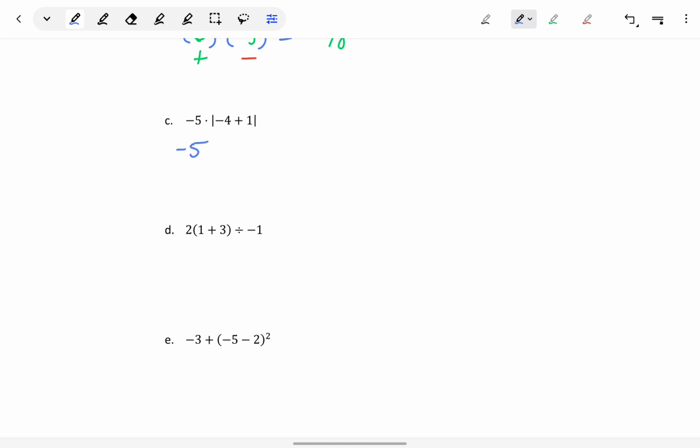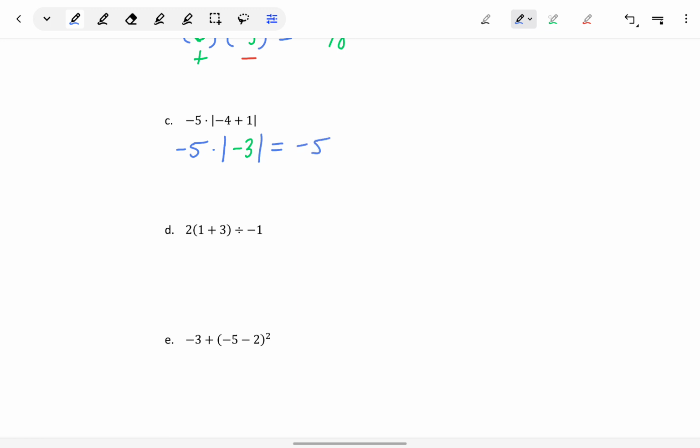So the absolute value bars, like parentheses, mean we first evaluate whatever is inside those bars. In this case, that would be negative 4 plus 1, or negative 3. We have an extra step here because we do need to actually evaluate the absolute value of -3.